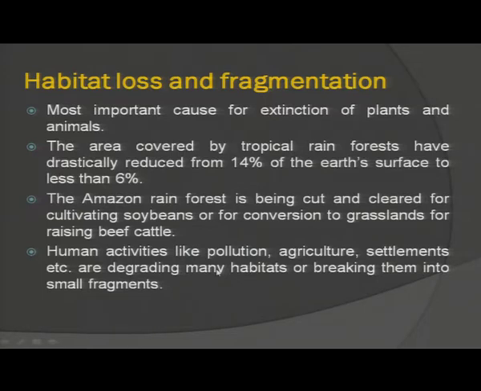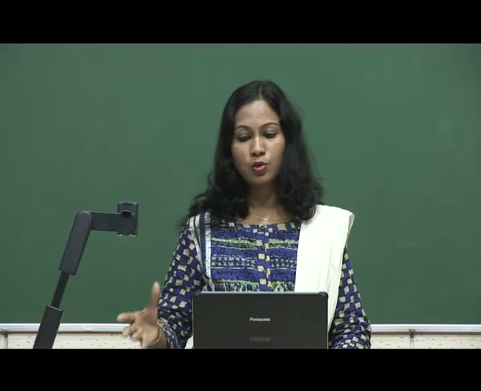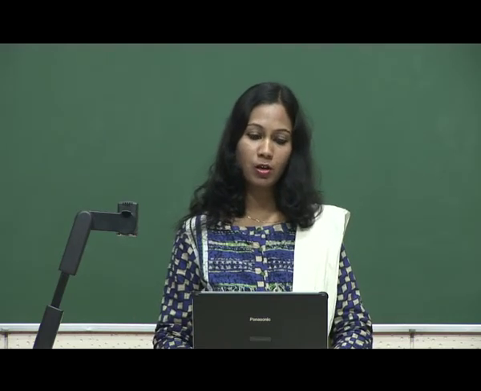Pollution, contaminating the area, agriculture, settlement, we certainly need land and we will clear the forest for that. These all are degrading many habitats and breaking them into smaller fragments. Fragmentation means when we are breaking down a particular land into smaller areas for our benefit, for our use, like in agriculture or in cultivation or for setting up of industries.